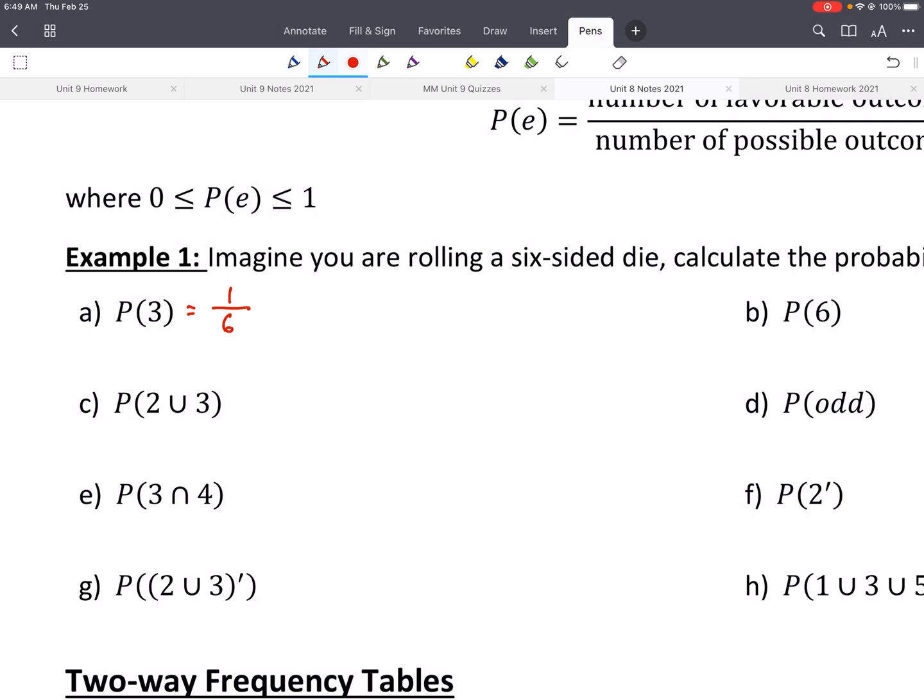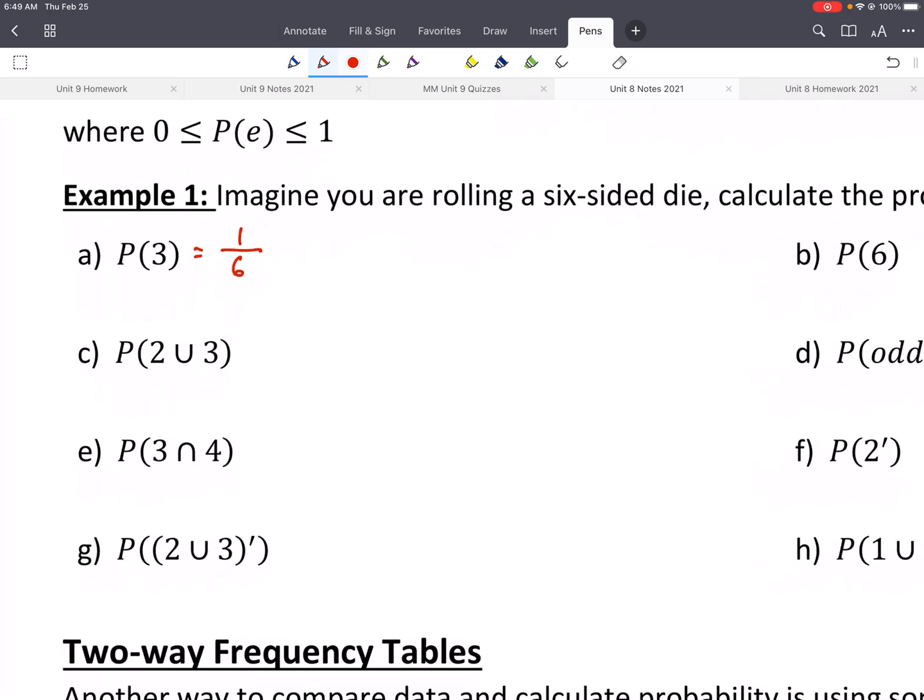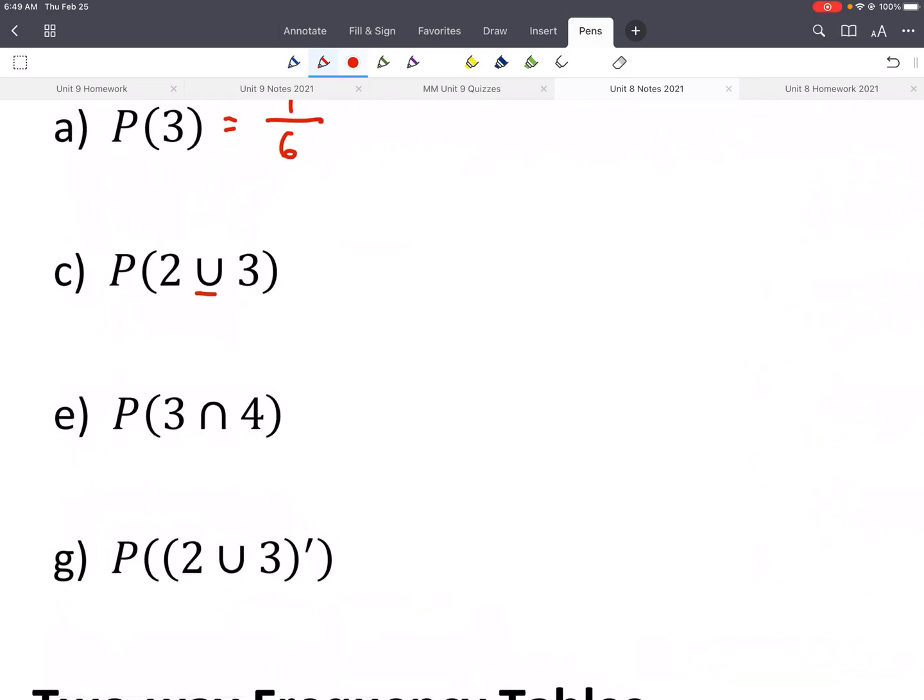outcomes. All right? And then we talked about these in our last lesson about union and intersections. Okay? Sometimes it helps to think of union as being the word or, and for the intersection, sometimes it helps to think of it as the word and. So if we look at C, what is the probability of rolling a 2 or a 3?